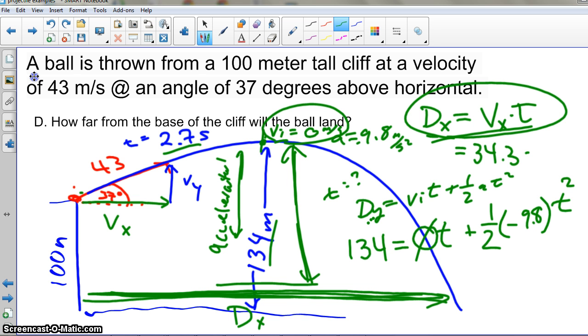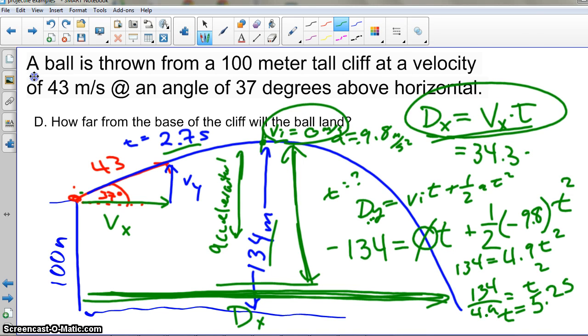I suppose this d should probably be negative as well because it's going down, right? So the displacement is negative. So we end up with 134 equals 4.9 t squared. So 134 divided by 4.9 equals t squared. So divide 134 by 4.9 and then take the square root. And what is the time that we get there? What's that? 5.2?